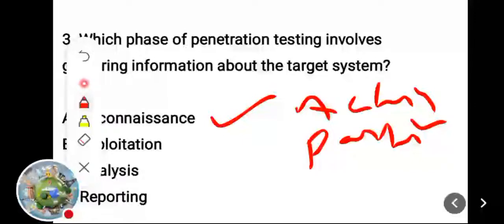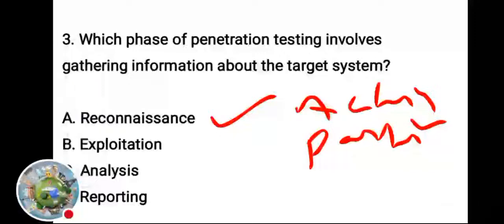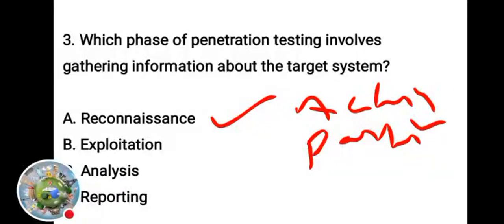Passive means the systems are not running, but also by using certain methods we are finding the information about the target system. By gathering information we are identifying the weaknesses where the exact penetration can be done by the attackers. So the answer is option A.